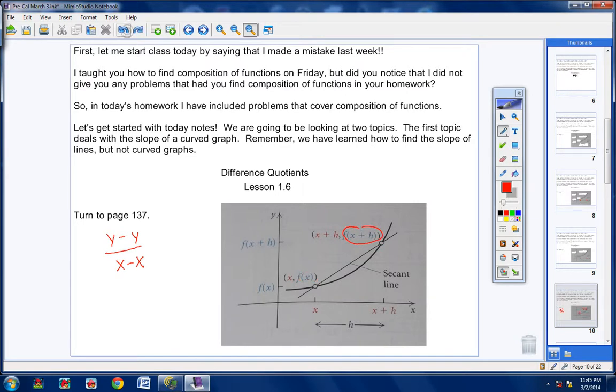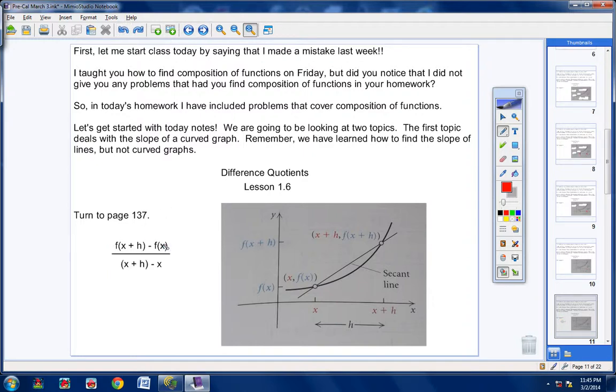And so with that in mind, here's my y2 minus y1. This whole expression here is my x2, and this whole expression here is my x1. So x2 minus x1. And then if you simplify your denominator, your x's would cancel in the bottom right here in the denominator, and you would end up with this right here.